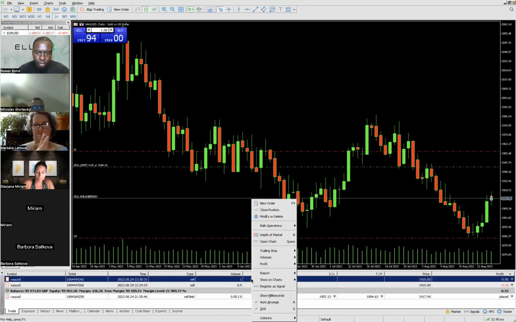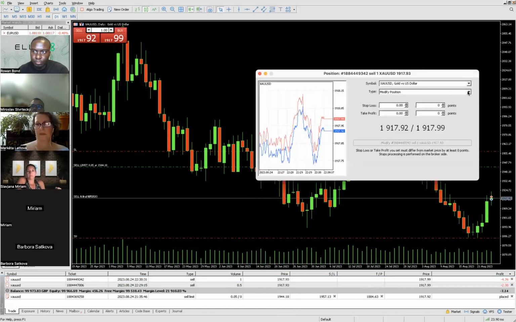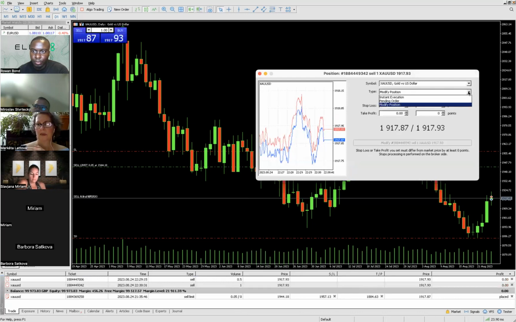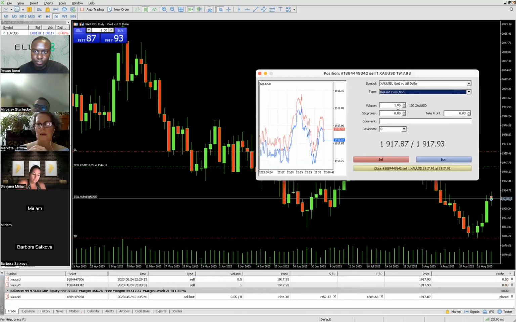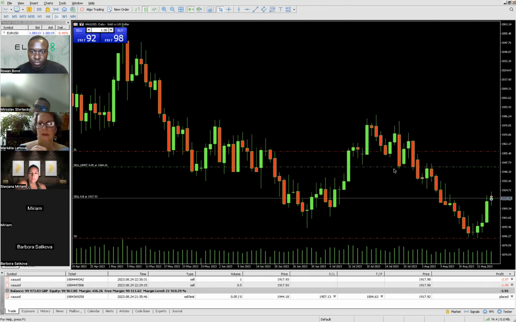I go to modify, instant execution, and let's say I only want to leave 0.20 in the market. I then close 0.80, put the 0.80, and that only leaves 0.2, and then press on close.